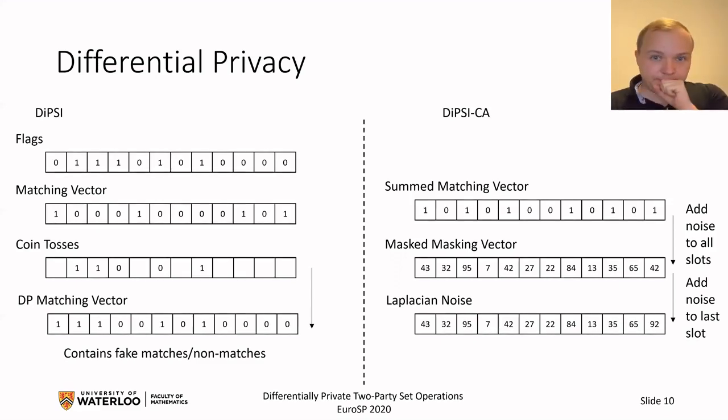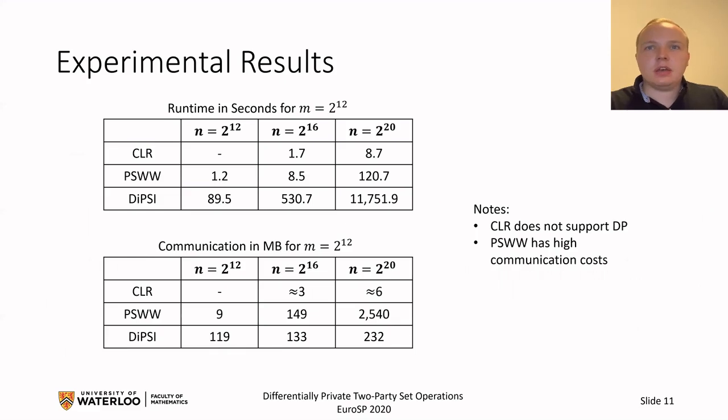So they add noise that sums to 0 in the plaintext modulus for each slot, and then they add Laplacian noise to the last slot, which then protects the result at the client with differential privacy. And the great thing is that we can apply this differential privacy without even decrypting at the server side, and still we can provably obtain theoretical privacy guarantees.